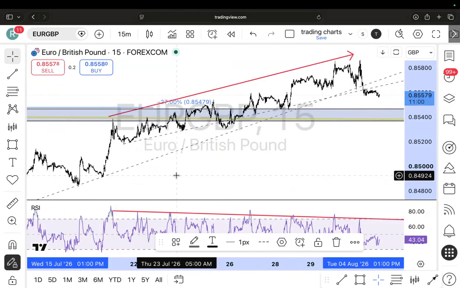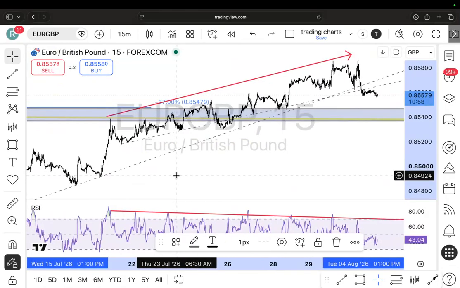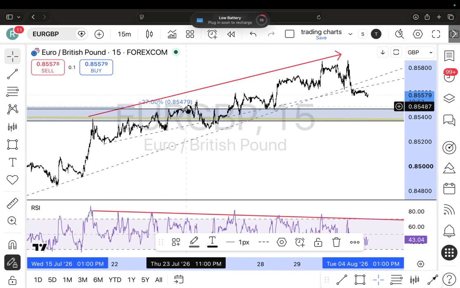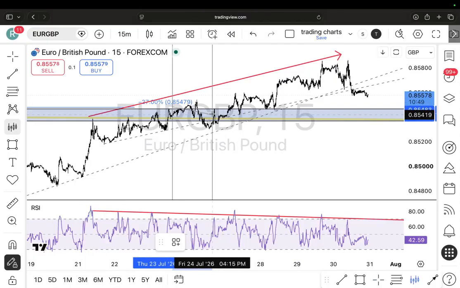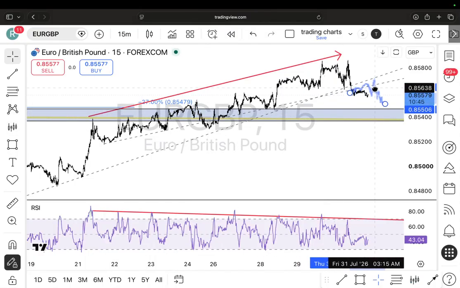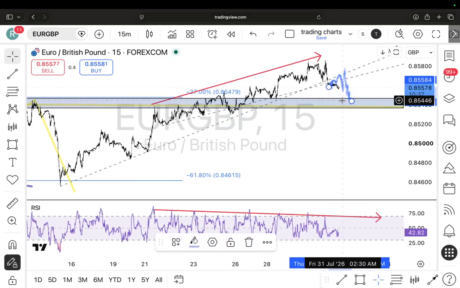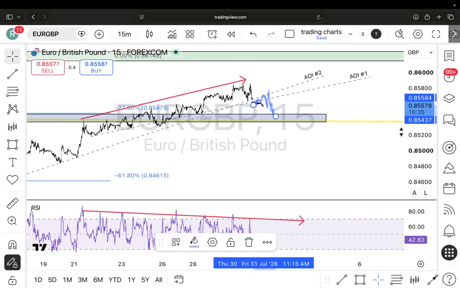Break and retest. It will look something like this. Pull back to continue going down. And then from here, I am looking for the buy all the way up to this green zone. And that is it.